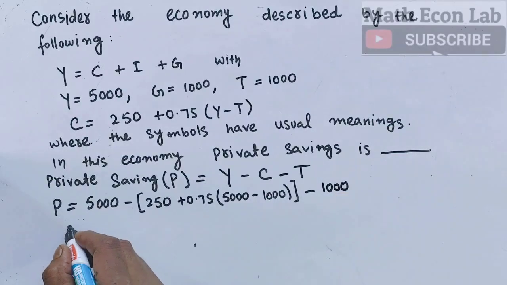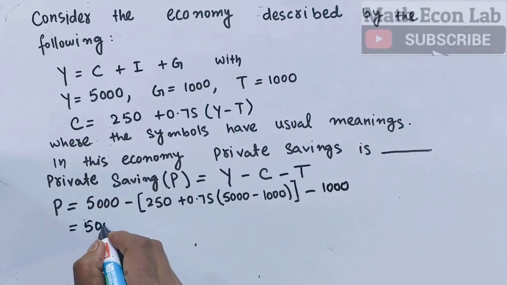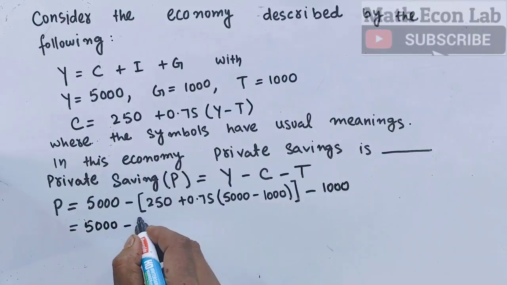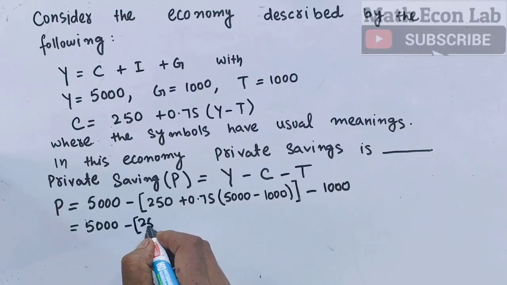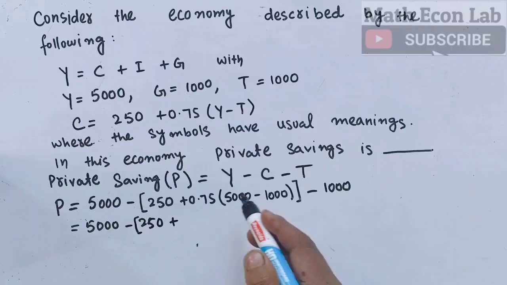So private savings will be equal to 5,000 minus, let us first solve this, 250 plus 0.75 times (5,000 minus 1,000, which is 4,000).